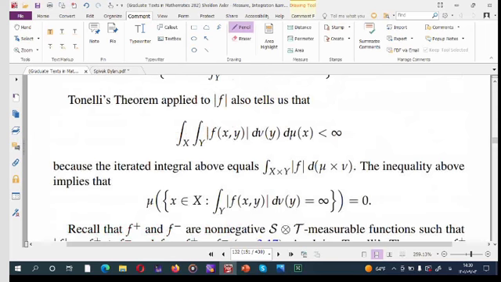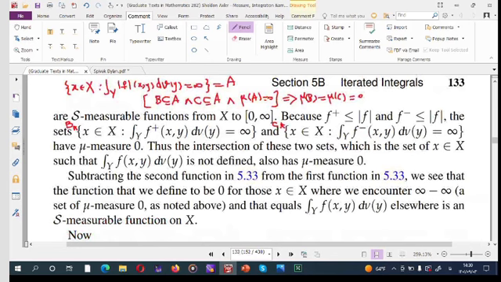Please note that this is our set A. Mu of this is equal to 0, so the union of two sets must be equal to 0. Thus the intersection of these two sets, which is the set of all x such that this integral is not defined, also has mu measure 0.